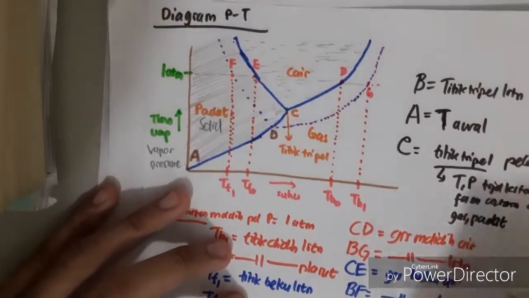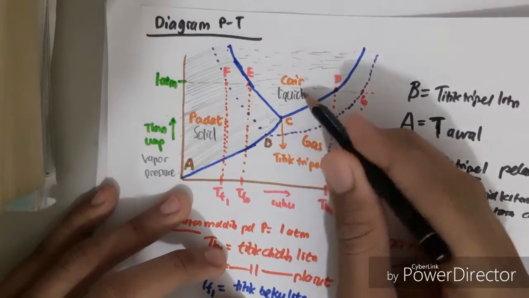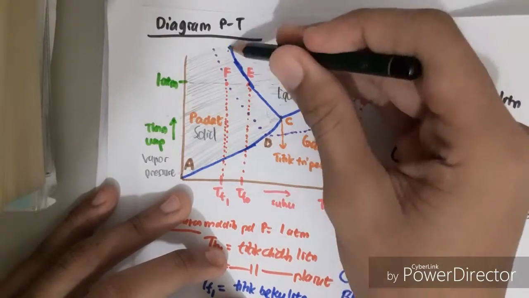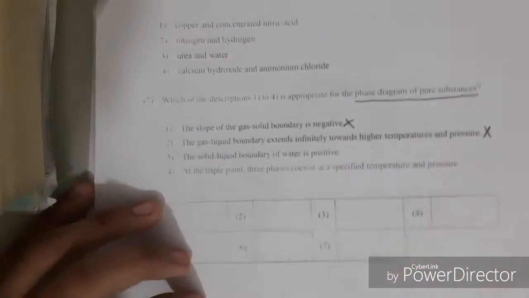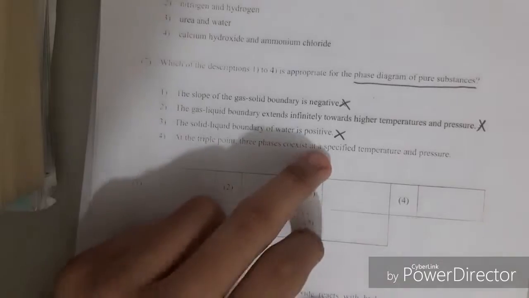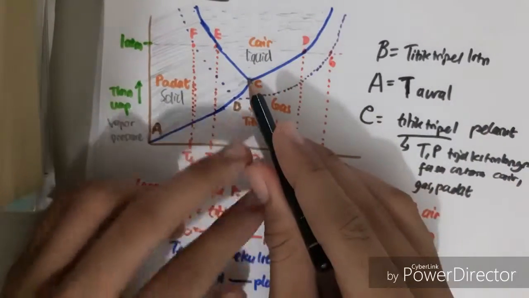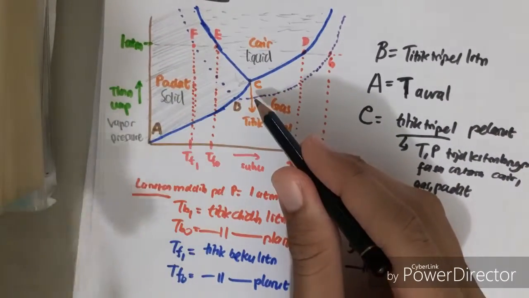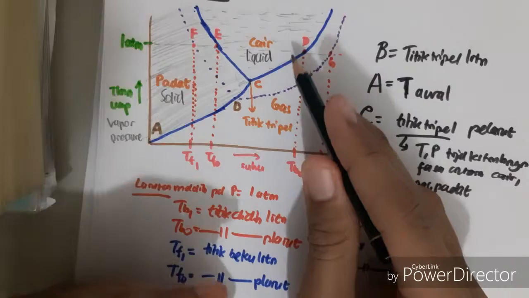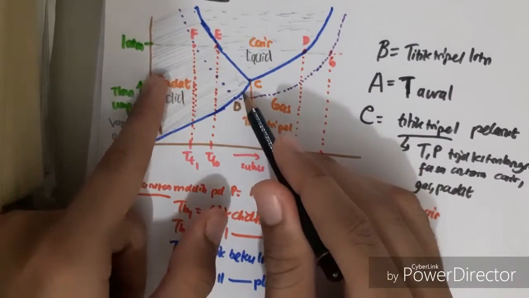For number 3, it says that the solid-liquid boundary of water is positive. You see that solid-liquid, is this positive? No, it is actually negative. So this is wrong. Lastly, at the triple point, 3 phases coexist at specified temperature and pressure, and this is right. As I said, at the triple point there is an equilibrium between solid, liquid, and gas at a specified temperature and pressure.